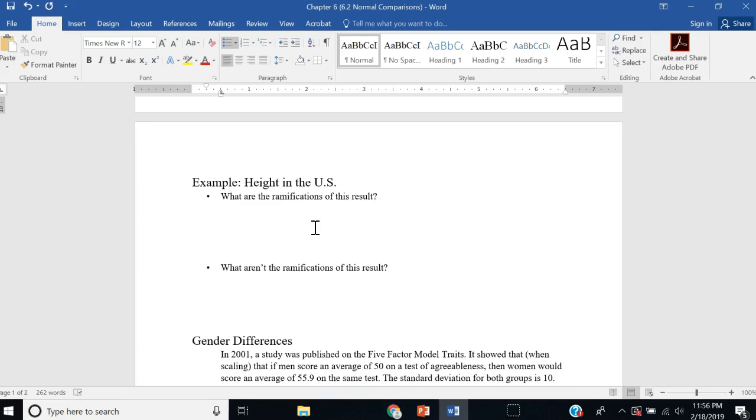Well, again, this is a repeat of about the 15th time I've said it, we're not saying that all Asian adult males are going to be shorter than all black adult males. We're saying the ramifications for the averages being different is you're going to find more tall black adult males than Asian adult males. But that doesn't mean everyone from the black adult male category is tall, right? That's the basics of it.